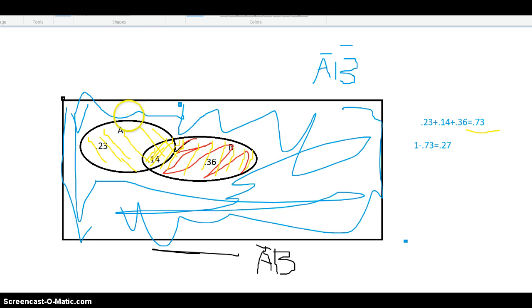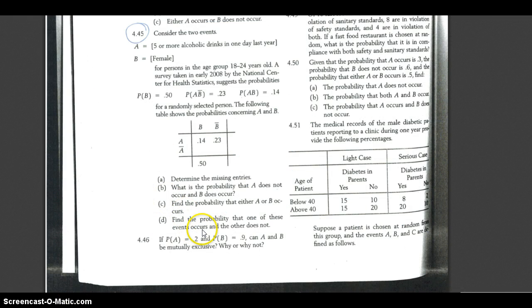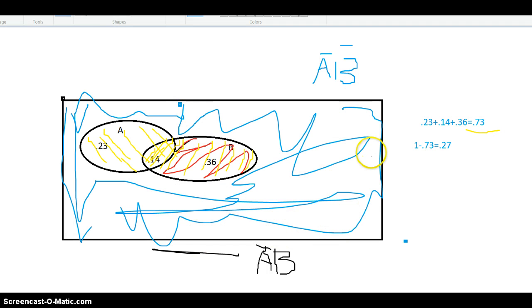We already did it. Now, the next question: find the probability that one of these events occurs and the other does not. So we have either A B bar or A bar B. We did A bar B, so we do A B bar next.